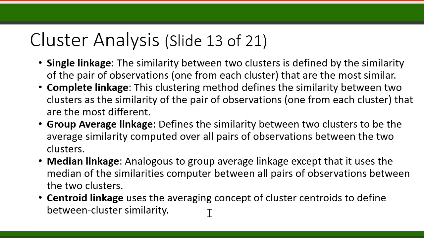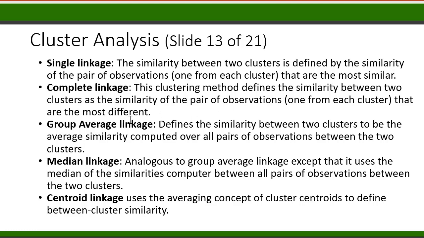So the different ways you can do this is through a single linkage. The similarity between two clusters is defined by the similarity of the pair of observations that are most similar between the two clusters or groups. There's complete linkage. This one defines similarity between two clusters as the similarity of the pair of observations that are most different.